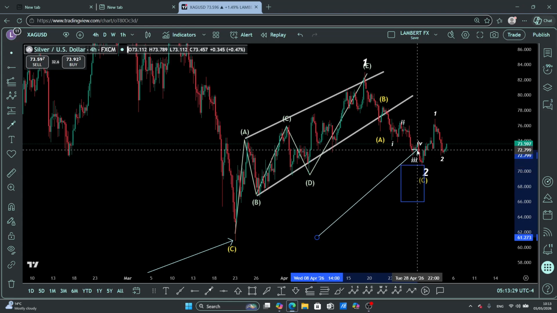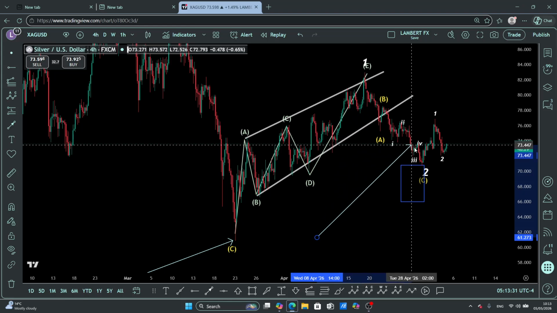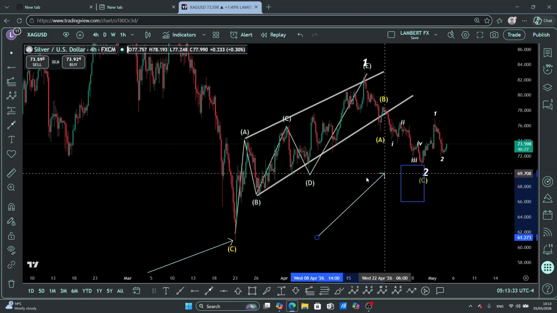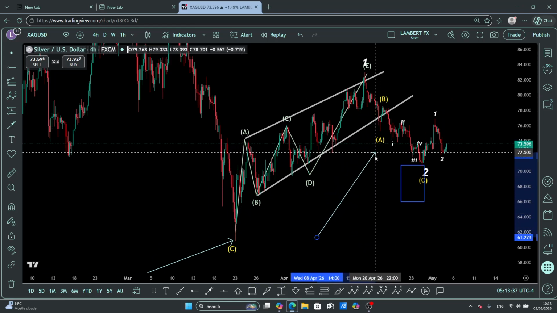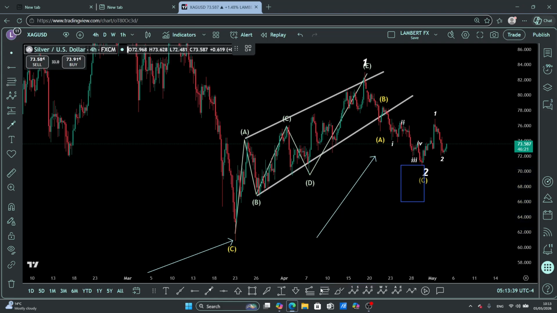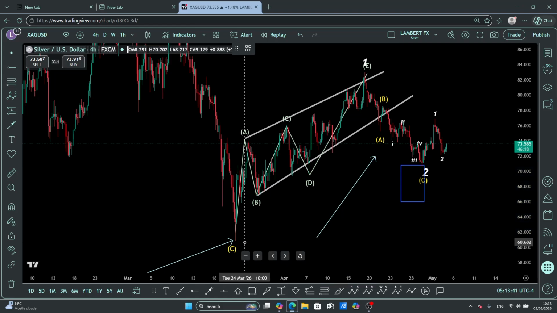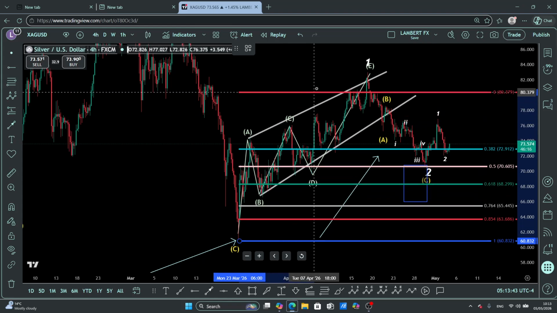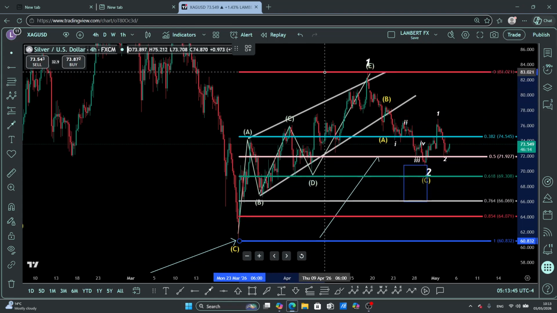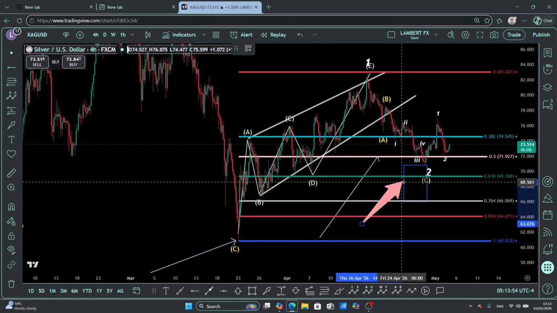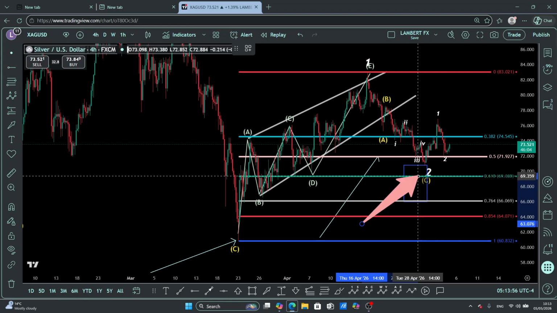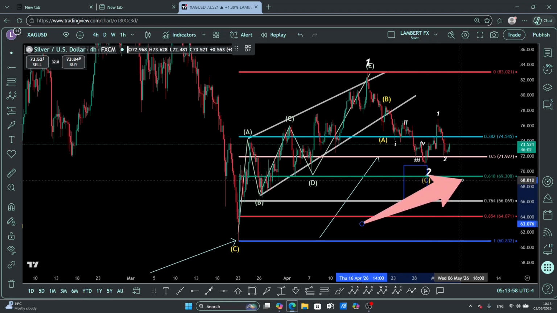And if you take a look, you see that this push down here did not go below the origin of this leading diagonal. Okay, and also if you take your fib retracement, if you measure from the start of the leading diagonal to where it ended, you also see that we did not touch 0.618, or go below 0.618 right here.